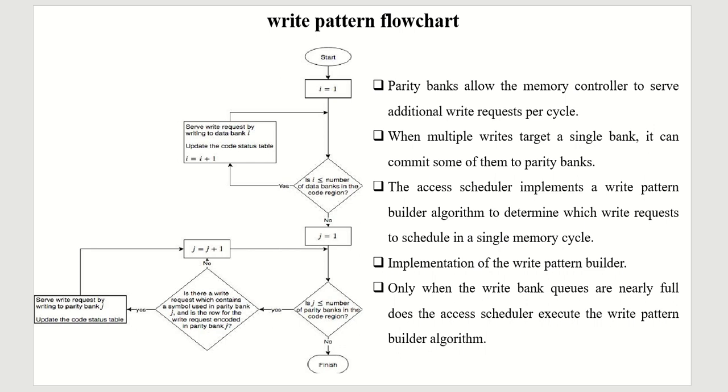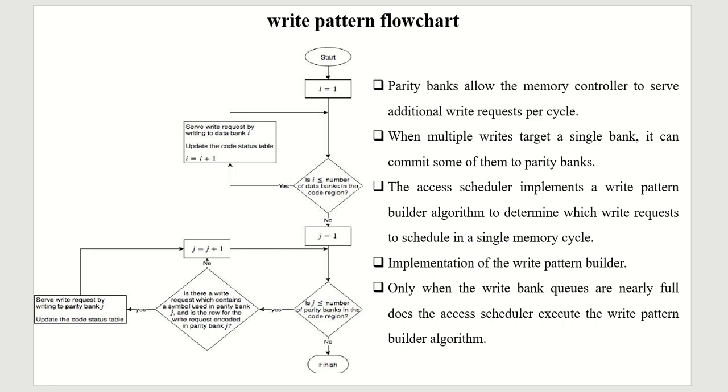When multiple writes target a single bank, it can commit some of them to the bank, nothing but the RAM memory. The access scheduler implements a write pattern to determine which write requests to schedule in a single memory cycle.